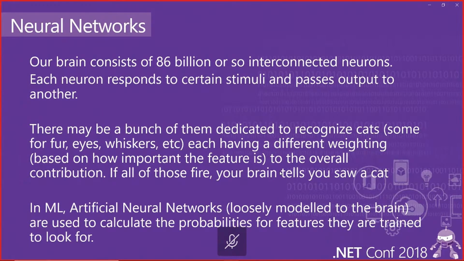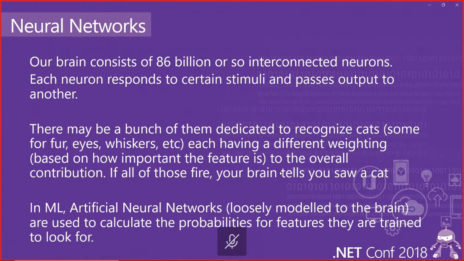So now let's talk about neural networks. Our brain consists of something like 86 billion interconnected neurons. Each neuron responds to a certain stimulus and passes output to another.